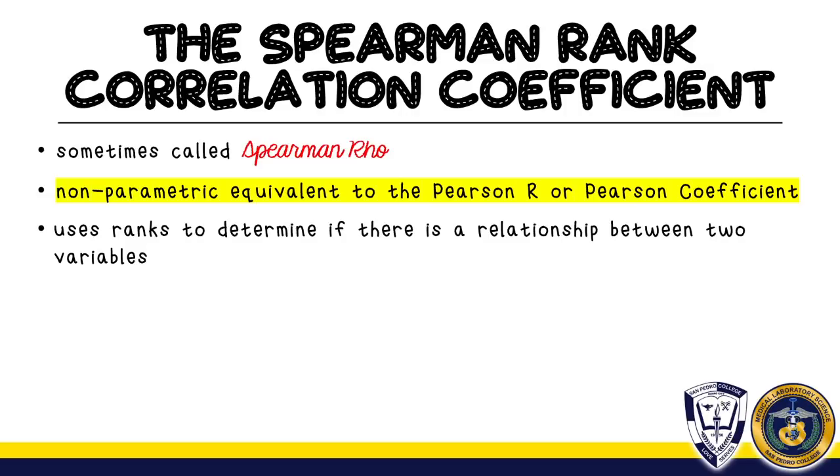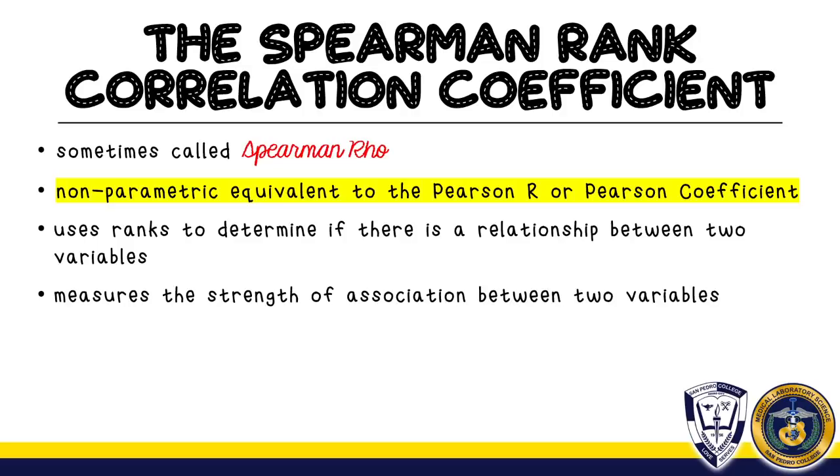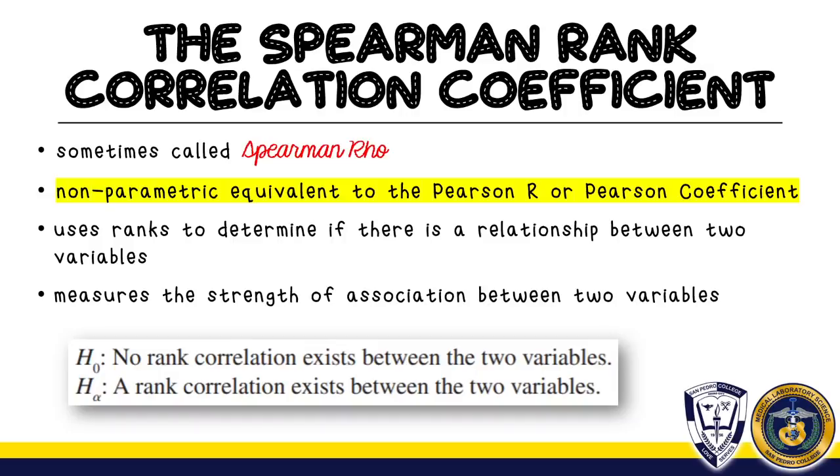From the name itself, it uses ranks to determine if there is a relationship between two variables, and we are looking at the strength of association between them. This is how we state the null and alternative hypotheses, but it does not have to be exactly like this. As long as the thought is there, it is still correct. The null hypothesis: there is no correlation existing between the two variables. The alternative hypothesis: a rank correlation exists between the two variables.